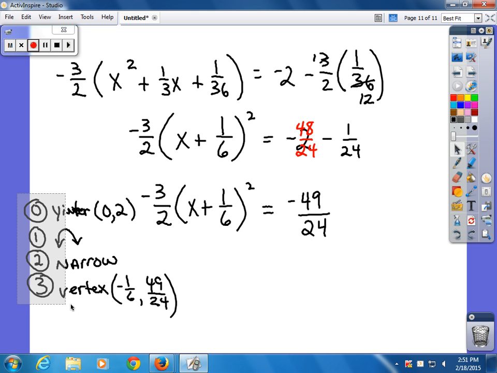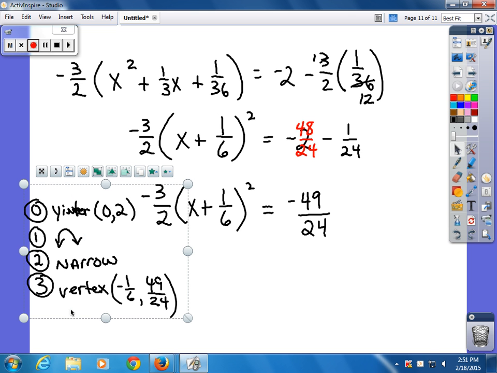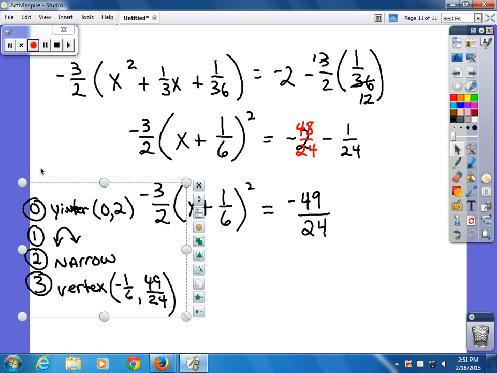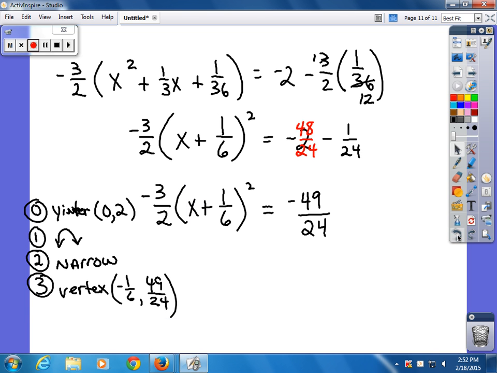Now you see why I really harp on complete the square. The quadratic formula doesn't give you nothing but what? The x-intercepts.